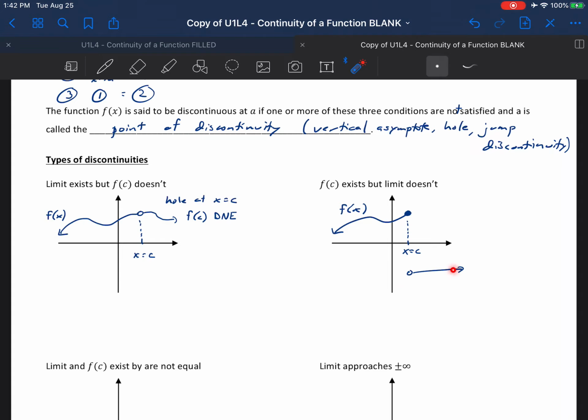So the right-hand limit here and the left-hand limit here are not the same. So the function is defined, yes, but the limit does not exist. This is also discontinuous. So this is the case that the limit as x approaches c of f of x does not exist.